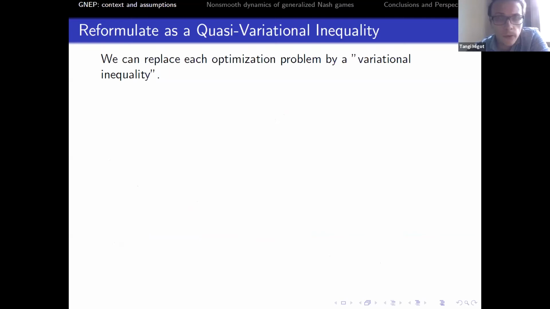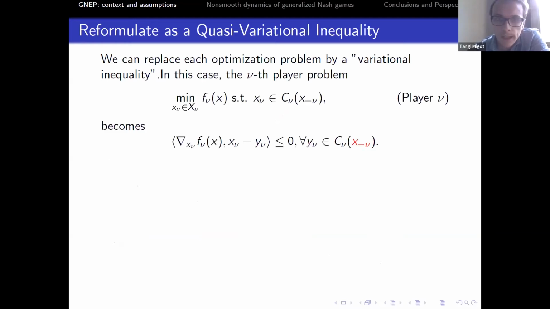Perfect. And also thanks to these assumptions, we have some very handy reformulations of the problem. And one of interest is reformulating this problem as a quasi-variational inequality. So let's say you replace each optimization problem by its optimality condition.